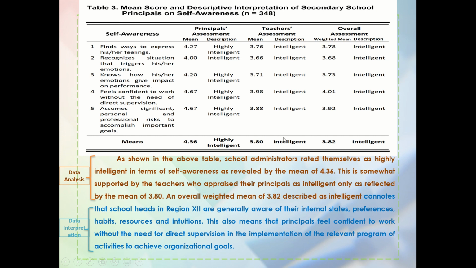So ito lang yung pinapakita niya. Okay, the means overall dito sa ilalim. Okay? So, yung sa teacher daw, the result is intelligent. Ito yung verbal description as reflected by the mean of 3.80. And then, ito naman tayo sa overall weighted mean of 3.82. Ito siya, described as intelligent.